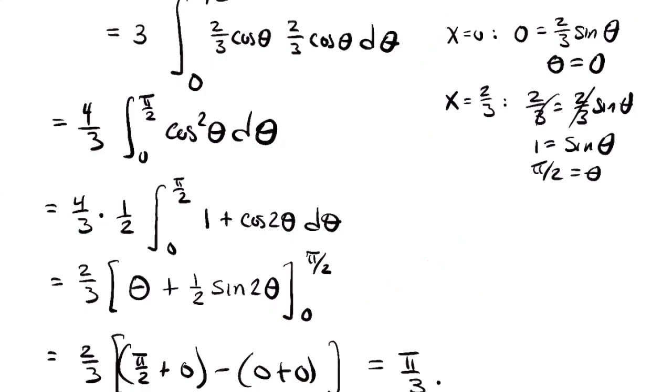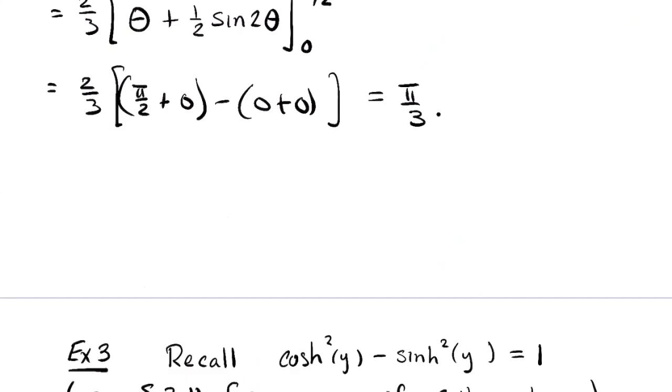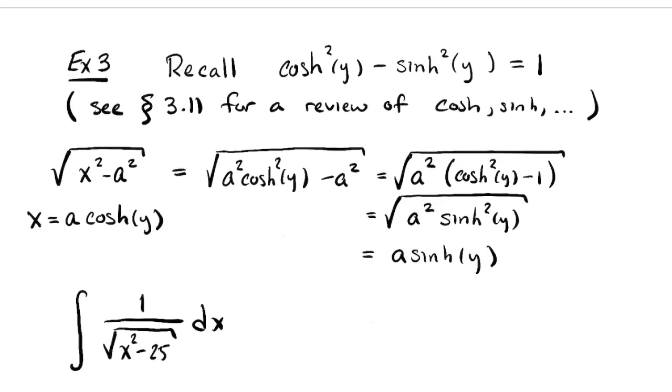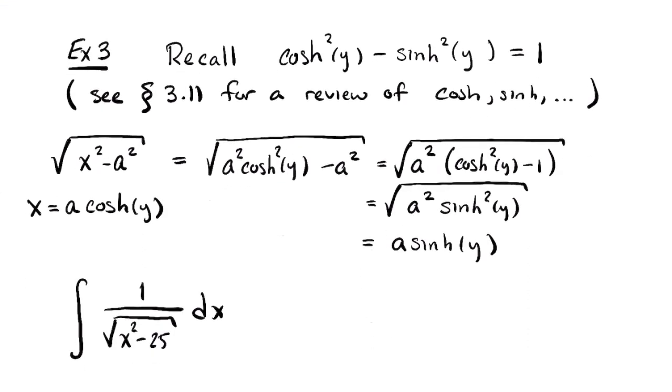Okay, so those are the primary examples I wanted to do. I wanted to mention something for those of you who had a good Calc 1 course and studied the hyperbolic trigonometric functions in section 3.11, the hyperbolic cosine, the hyperbolic sine, and so on. I'm not going to review that material here. If you need to review it, go look at it. If you've never seen it, it's certainly worth a read.